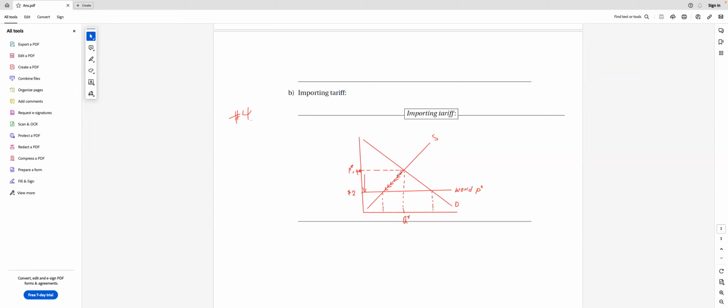So some American producers will withdraw from the market, or they reduce the quantity they produce. If they reduce their production, this can lead to a big problem: the unemployment rate. The US unemployment rate will increase.